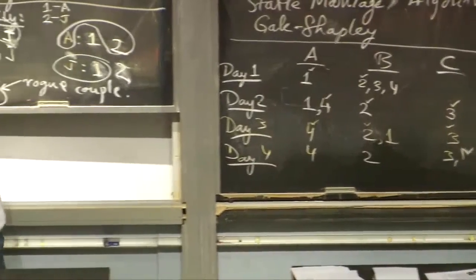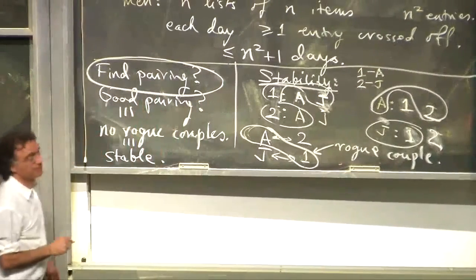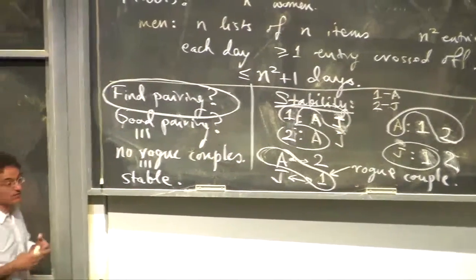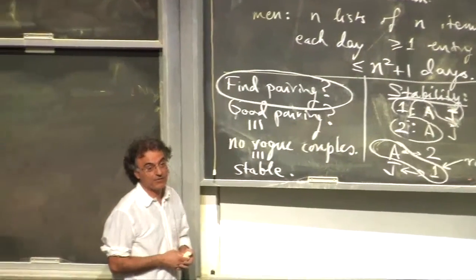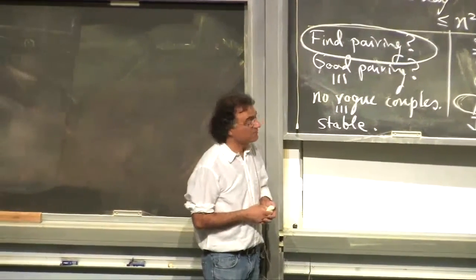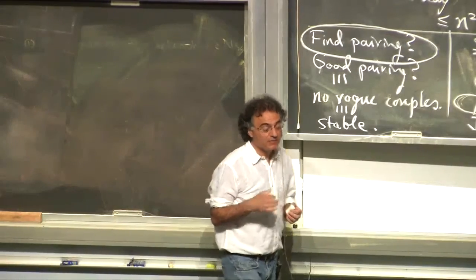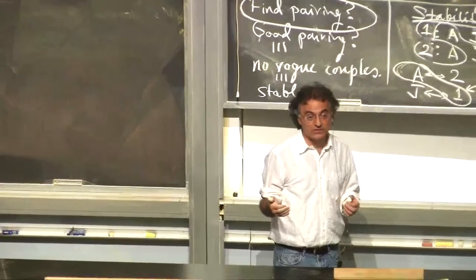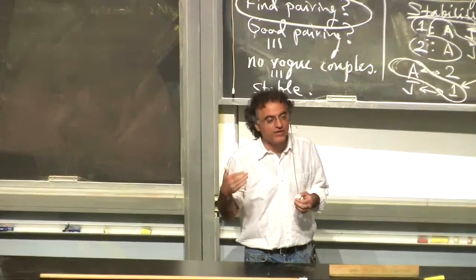Given that, we can go back and answer this question: how do we know the algorithm always finds a pairing? There's a very slick proof that it always finds a pairing. Remember, we know that it halts. So how could it fail to find a pairing?